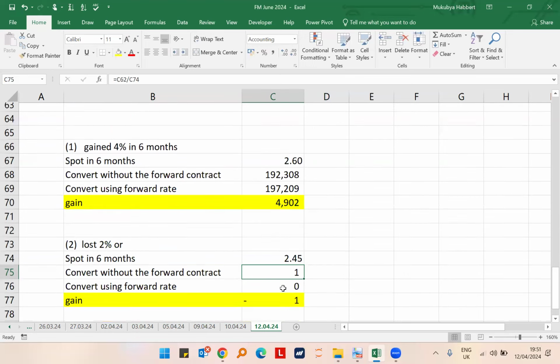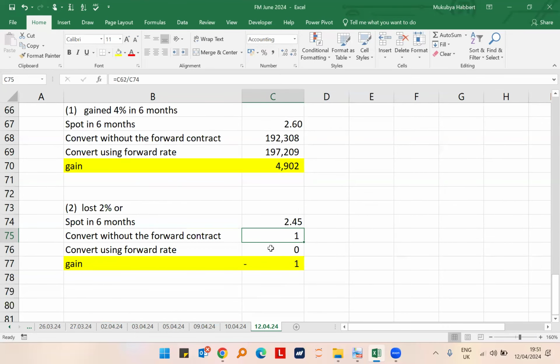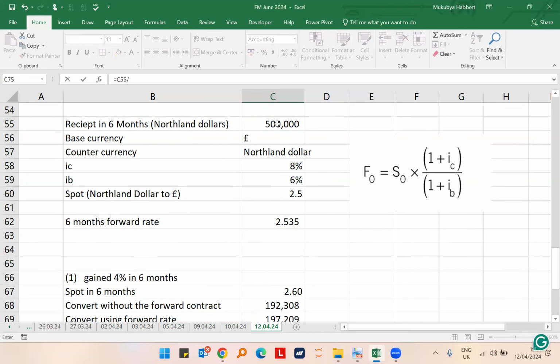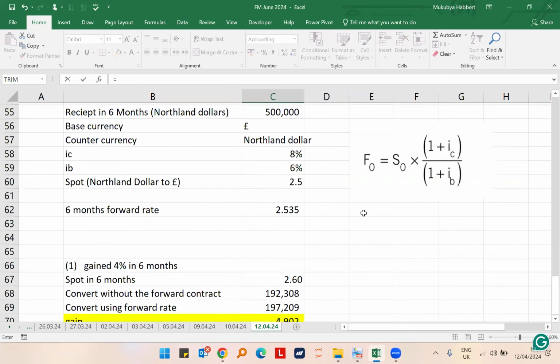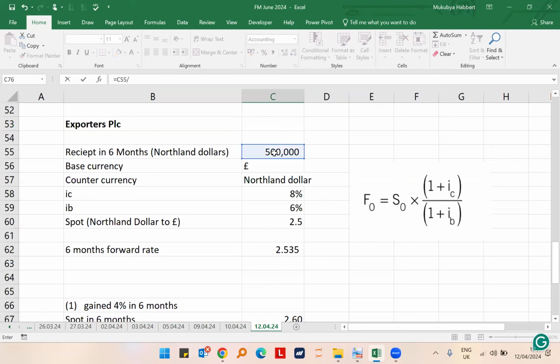So it will become 2.45 instead. So if I convert without the forward contract, I am dividing 500,000 by 2.45. Then if I convert using the forward contract, I am dividing 500,000 by 2.535.